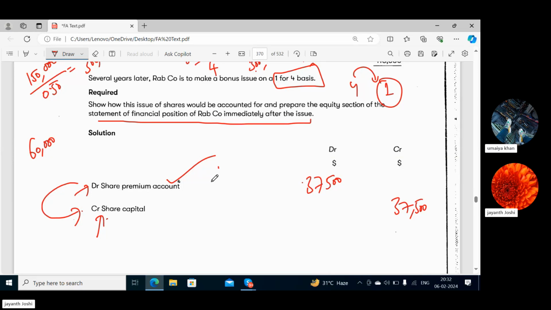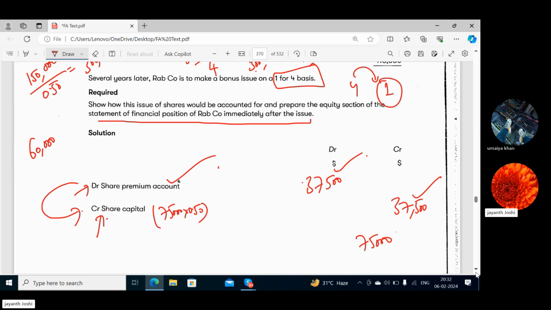So the share premium account is debited because this much amount has been utilized for the bonus issue, and the share capital account is credited because this much worth of shares will now be added to share capital. The shares are 75,000 only, because 75,000 into 50 cents makes 37,500.